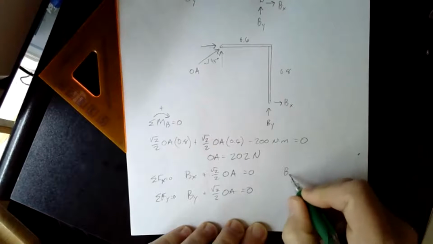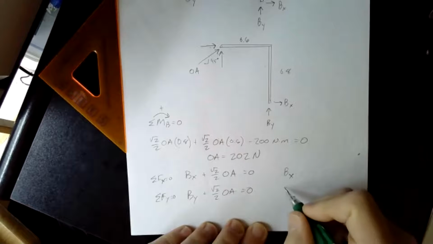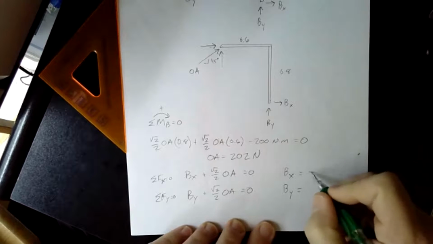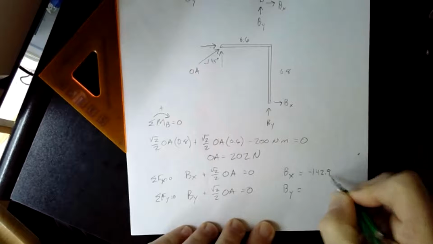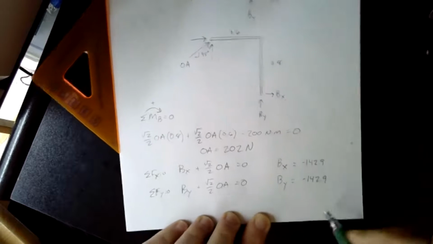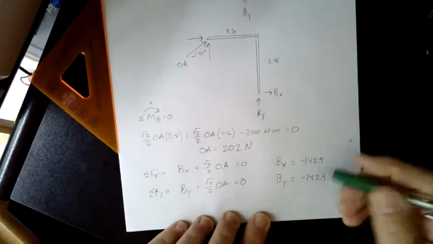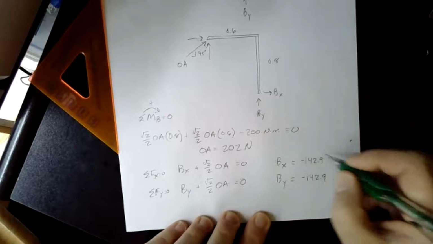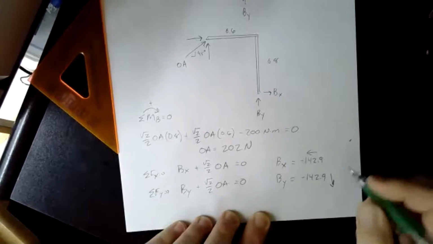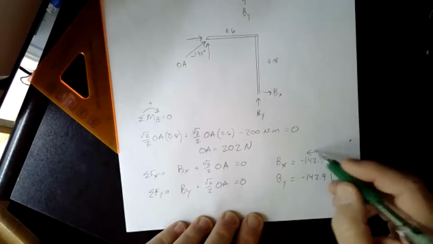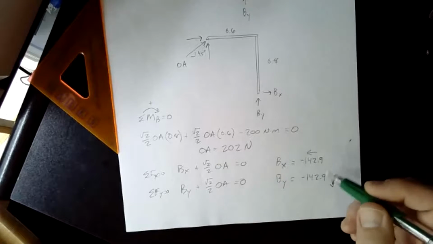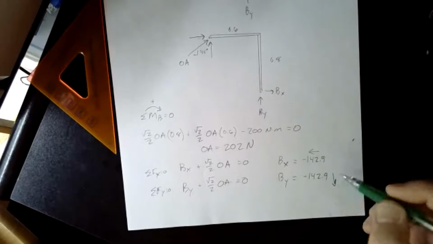So bx, and this is how you want to put your answers. You want to say bx, by, and you'll put your answer here, negative 142.9 and negative 142.9. Either put them as negatives, which would then imply that they're this way and down, or you can just draw them positive with arrows. Either way, but I find that if you put arrows, that tells you.